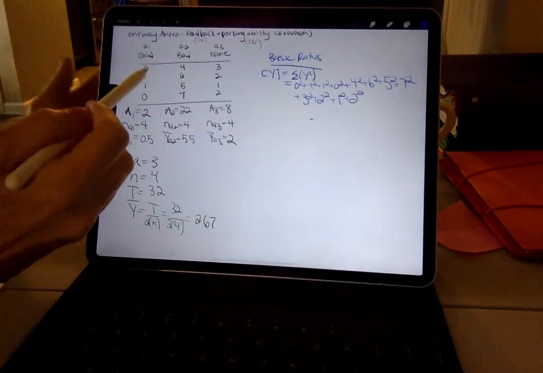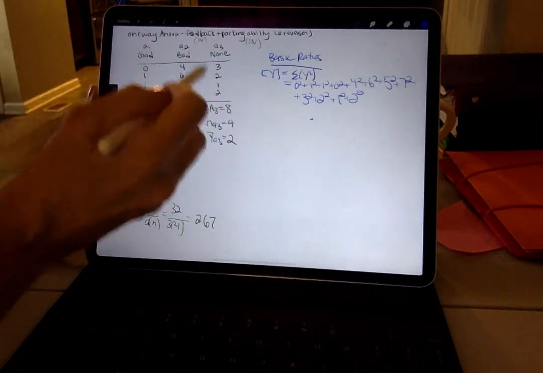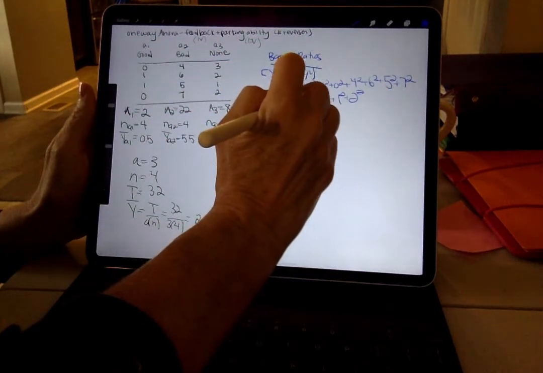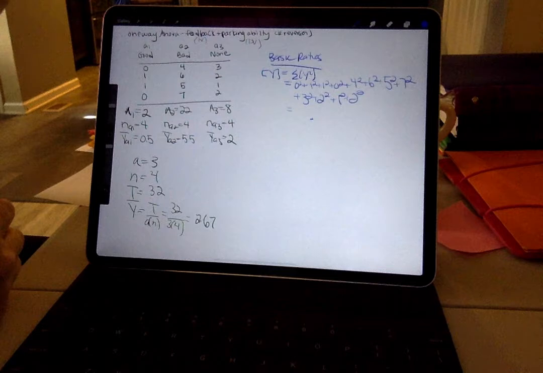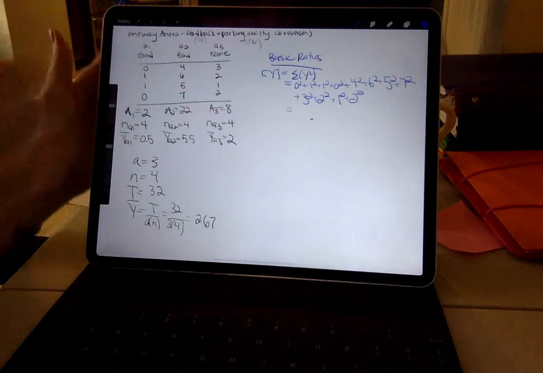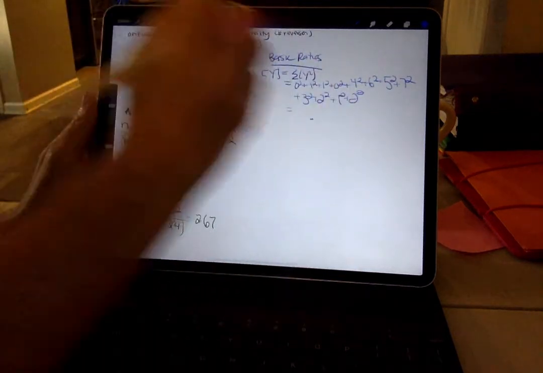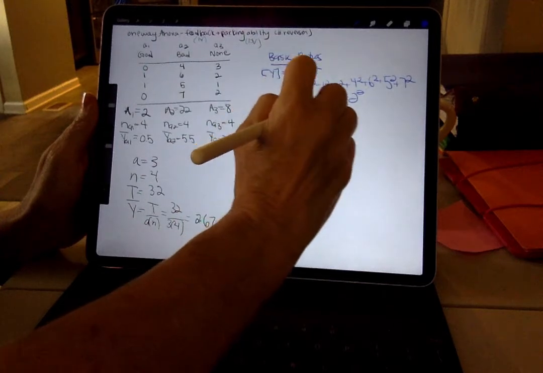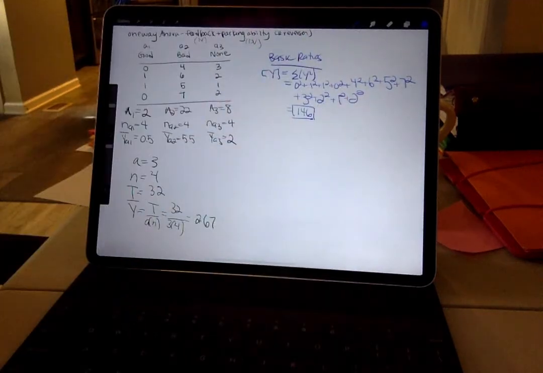I know that's super messy, but all we're doing here is taking each one of these scores, squaring them, and adding them up. As always, I encourage you to actually do this on your calculator yourself rather than just relying on my numbers, so I would pause the video as you're moving through this. When we add all these things up, our sum should be 146. So our basic ratio for y is 146.